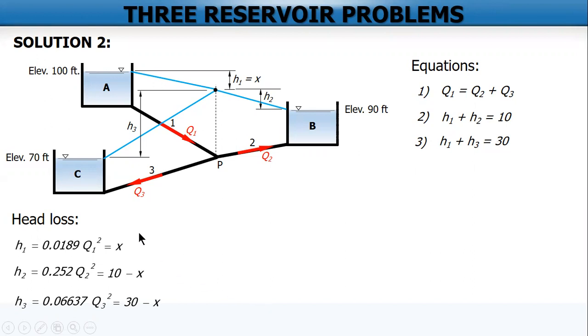So our next objective is to solve for Q1, Q2, and Q3 in terms of x. So what shall we do? Okay. For Q1, i-divide na to ang whole equation by 0.0189. So, Q1 squared na lang ang bilin.